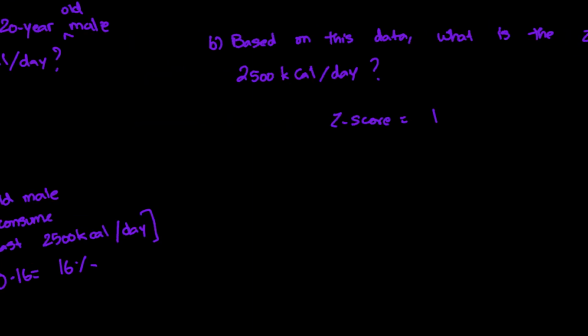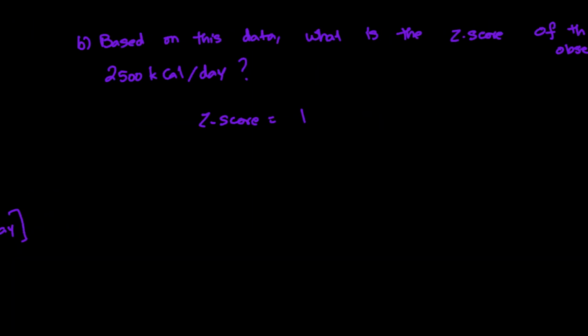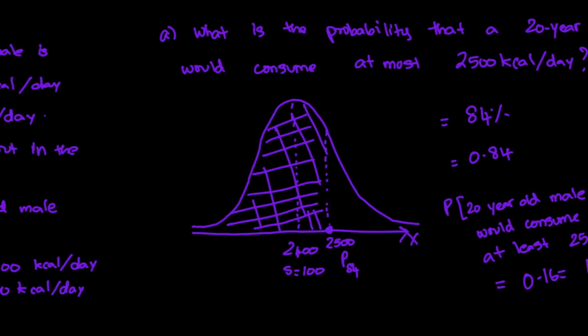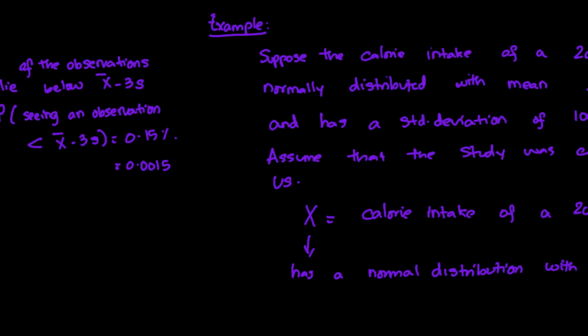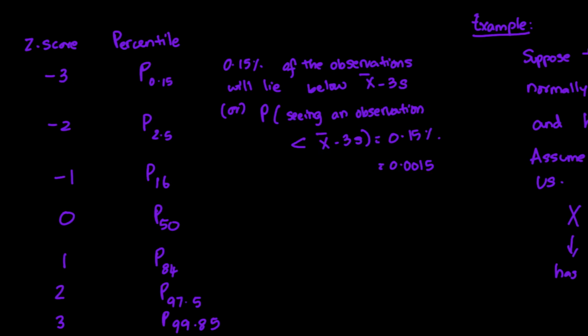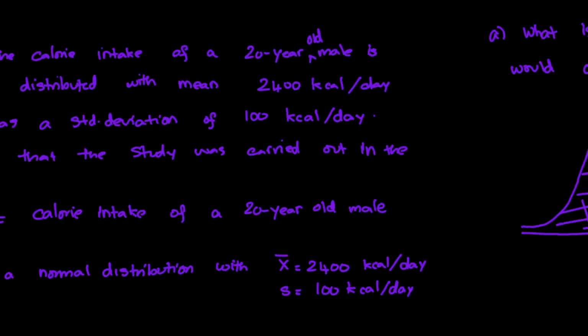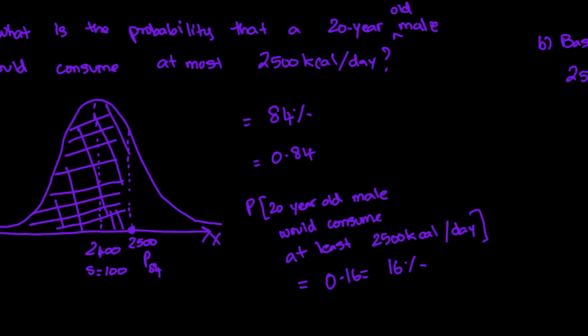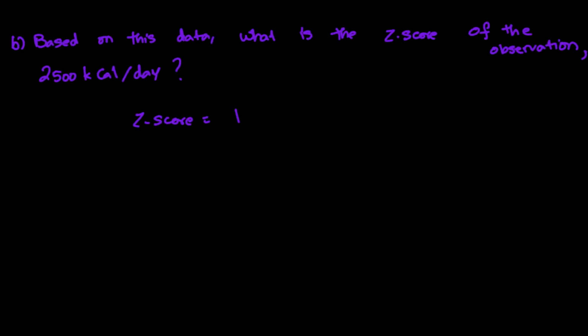You can go back to our table that we created initially, and if you create a table such as this one, you can immediately come up with the z-scores and the observations and the corresponding percentiles. Let's go ahead and complete that table using this particular example.